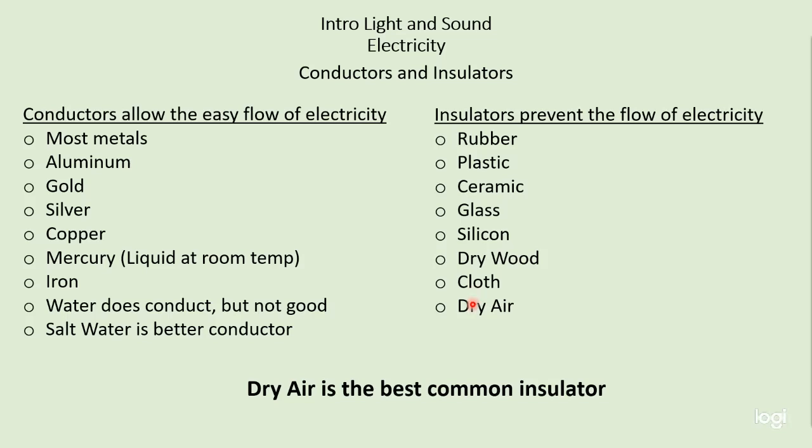Dry air is the best common insulator that there is. If you think about it, if dry air conducted electricity, we would be getting electrocuted all the time. Every time you got anywhere near a wall outlet, the electricity would just zap across you like static or lightning. Dry air is the best common insulator.